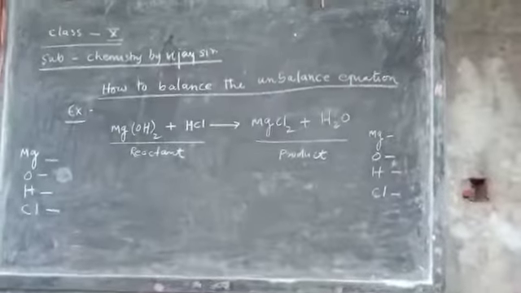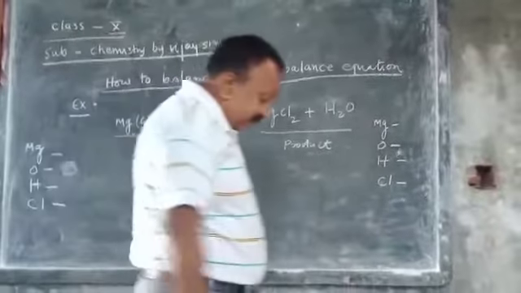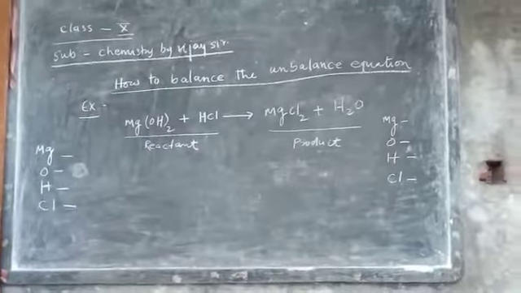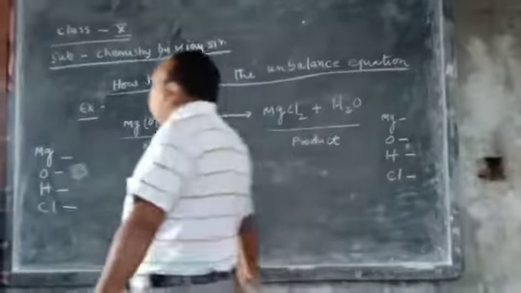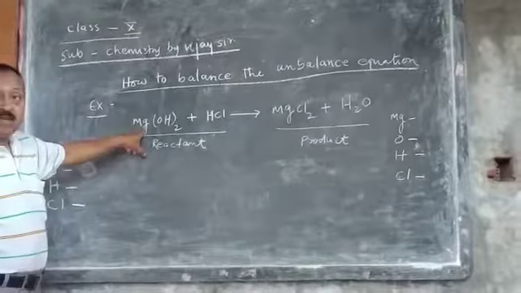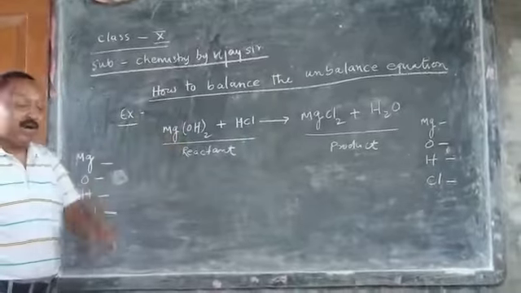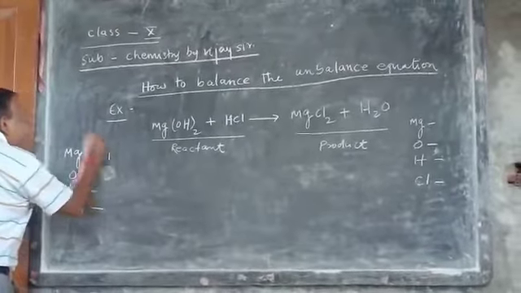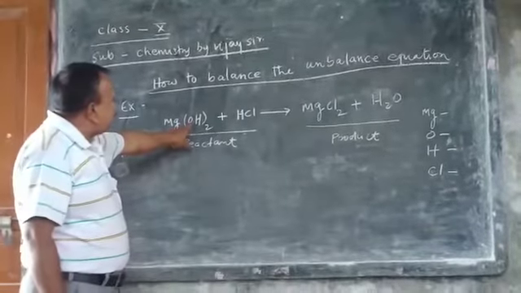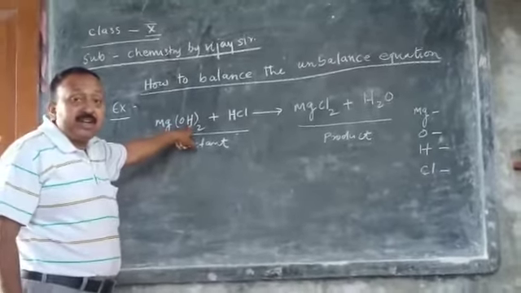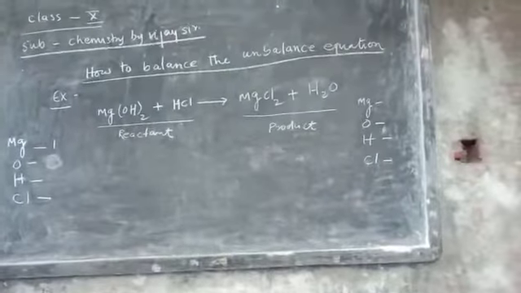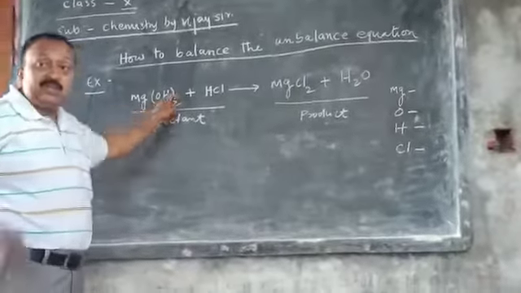Then the second tip: how many atoms are present of each element. See here in the reactant, magnesium: how many? 1. The number of atoms of magnesium is equal to 1. Here, hydroxide, but I say each element, oxygen and hydrogen, separately.